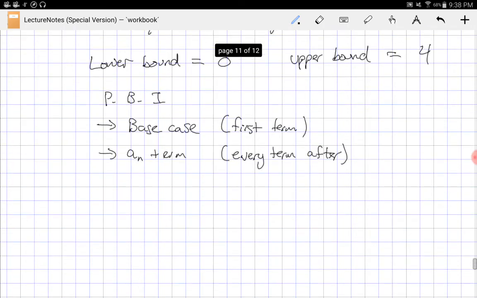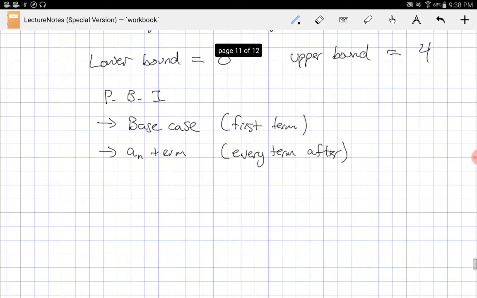And so let's first prove that the upper bound of the sequence is 4. It doesn't have to be the lowest upper bound. My upper bound may be a number greater than 4, but what I'm saying is that my upper bound can be at least 4.